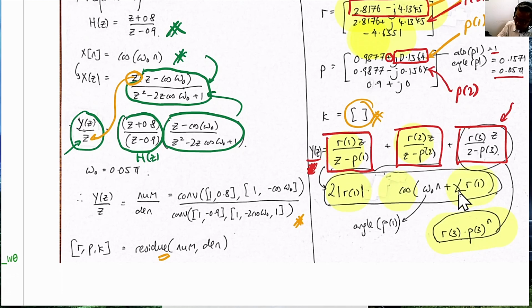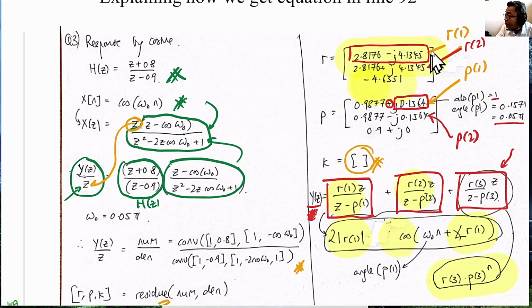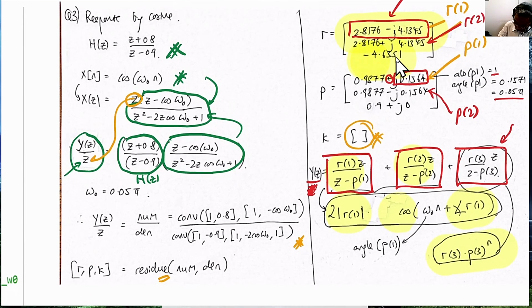This angle is the angle from R1, because R1 can be extracted to give magnitude and angle. So the angle theta came from R, and finally the omega naught came from this imaginary part of P1, which is 0.05 pi.